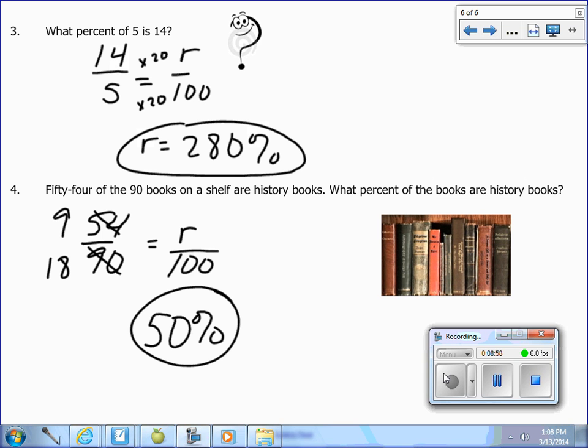On number 3, what percent of 5 is 14? So I have 14 over 5 is equal to what percent over 100? I can do this mental math by looking. I know that 5 times 20 is 100, so 14 times 20 is 280. So 14 out of 5 is 280%.